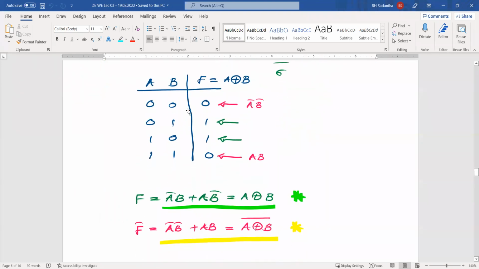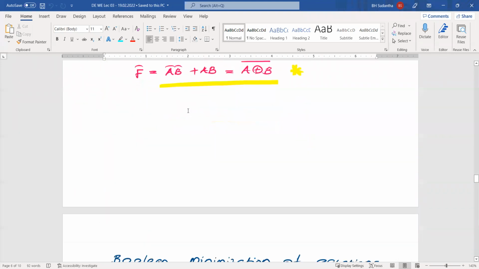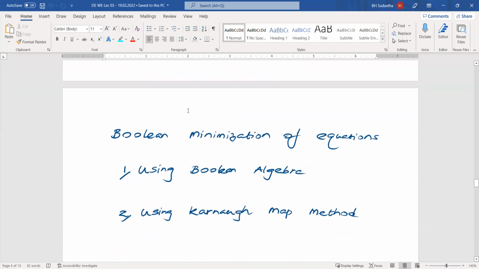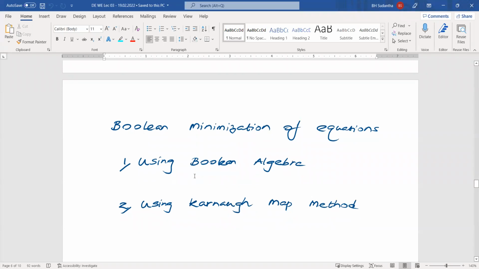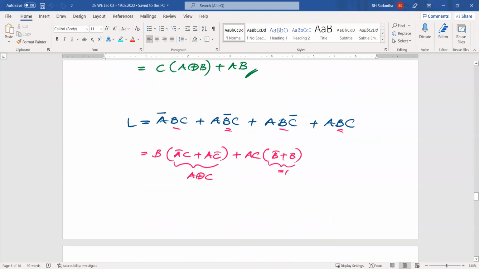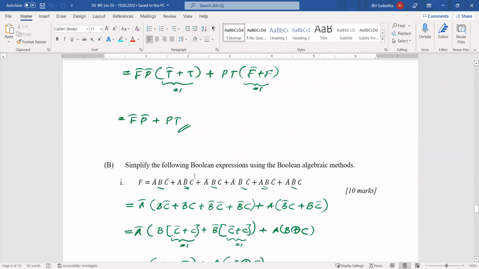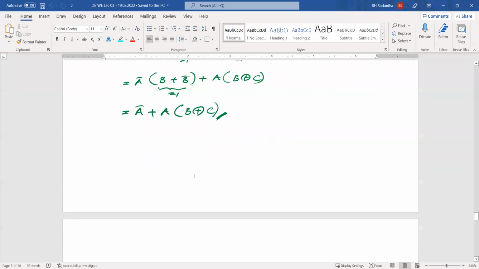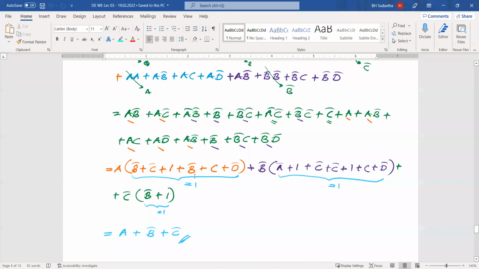Actually, doing that is minimization of Boolean equations. I mentioned that these are the two methods we are going to use for the minimization of Boolean equations. The first method, the Boolean algebraic method, we discussed like this, and we also tried last year's paper question.